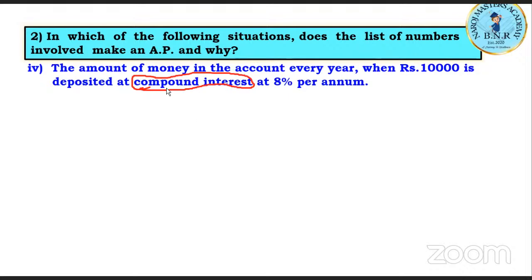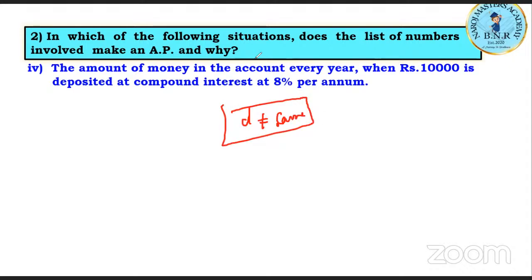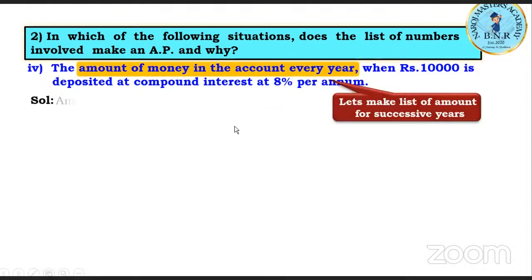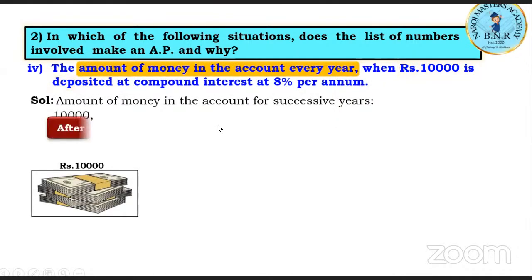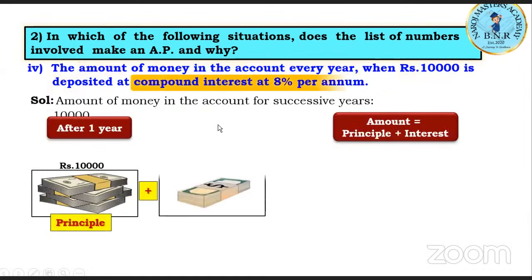So by seeing the word only we can say whether it is forming an AP or not. As the common difference is not the same, is this forming an AP? No way. Always remember, whenever you get compound interest, simply say that it is not forming an AP series.